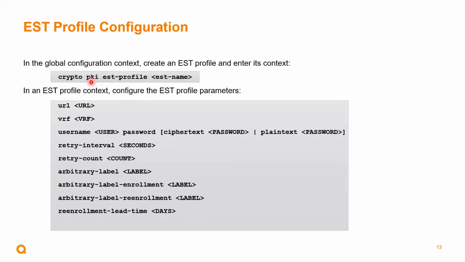Once we configure it, it will jump to the EST profile context where we can mention the URL to reach the EST server, the VRF in which the EST server will be reachable, and then the secure username and password for the EST server connection, and then the retry interval, retry count, arbitrary label enrollment, arbitrary label re-enrollment, and re-enrollment lead time.